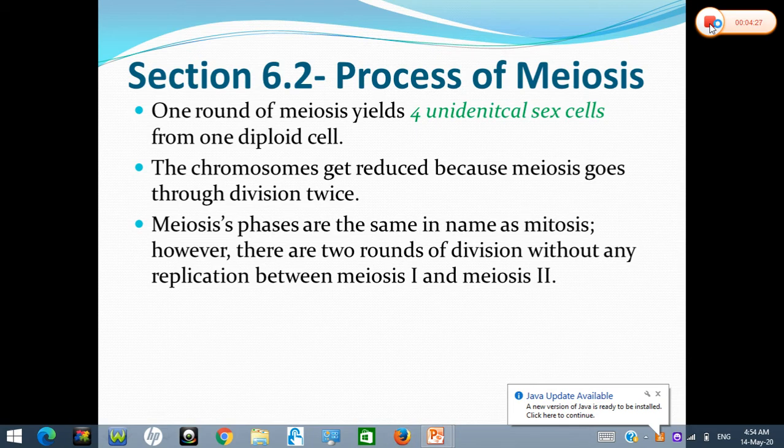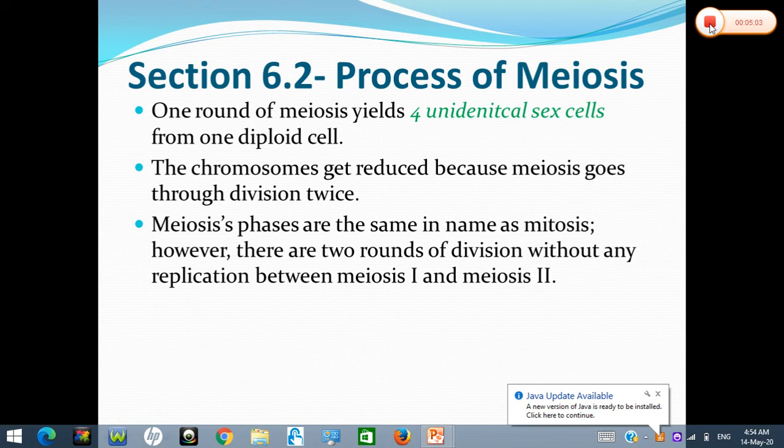And as a result of meiosis, it creates genetic diversity or genetic variations, which means the offspring have some traits and some genes different from their parents. So meiosis helps in creating genetic diversity or genetic variations.